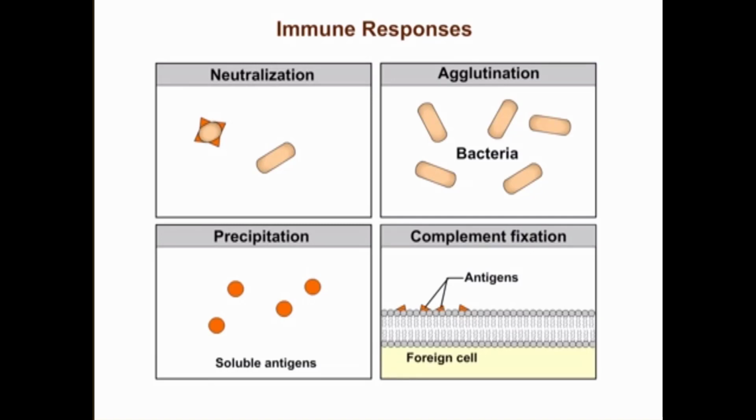The binding of antibodies to antigens tags foreign cells and molecules for destruction by the immune system. Antibodies produced as a result of the humoral immune response effect destruction via neutralization, agglutination, precipitation, and complement fixation. Let's see how each of these mechanisms work.